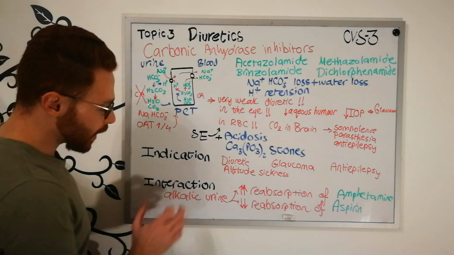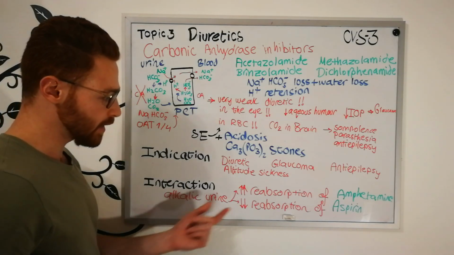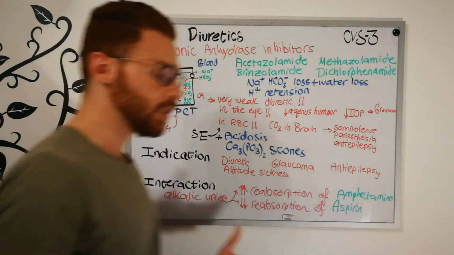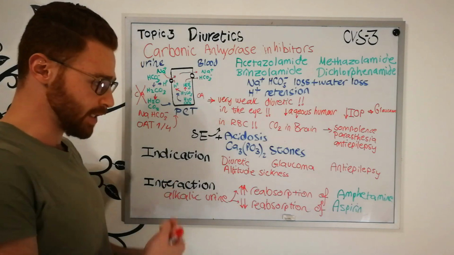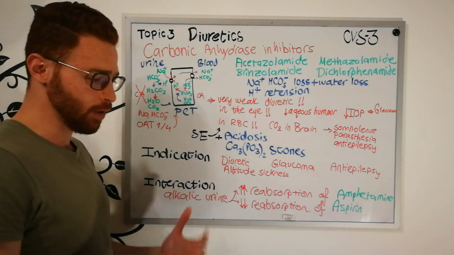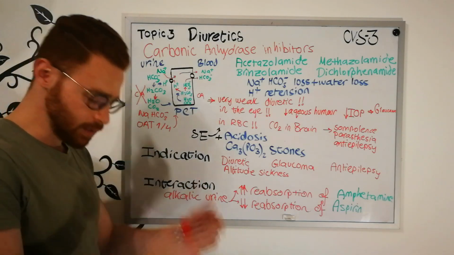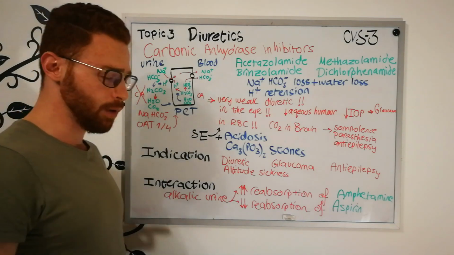So the interaction is going to be here because the alkaline urine developing is going to increase the reabsorption of the basic drugs. Now we know that if the drug is basic and the urine is basic, there is not going to be any ionization of the drug, so it can be reabsorbed, right? It is continuously reabsorbed, and this means that its elimination is going to be prolonged.